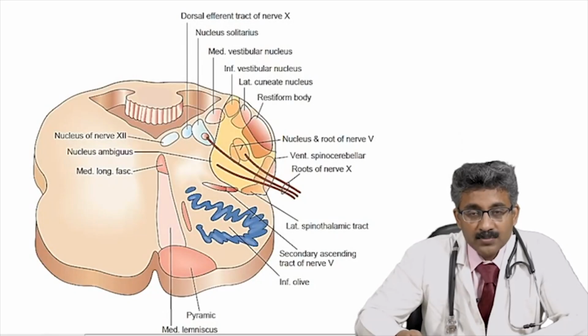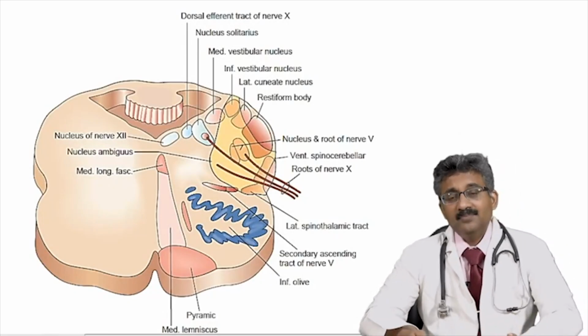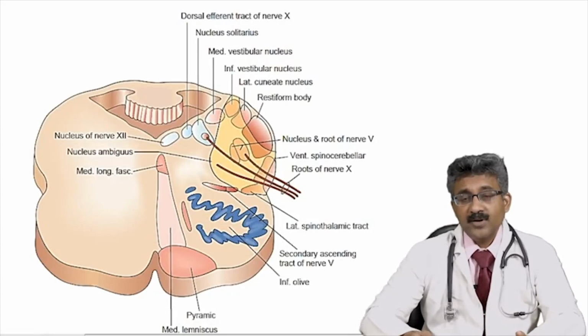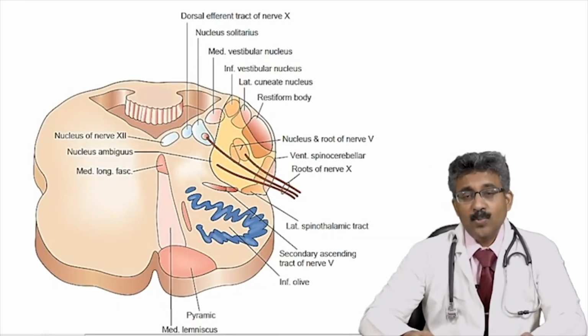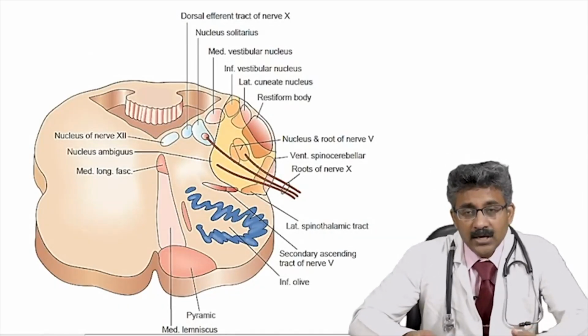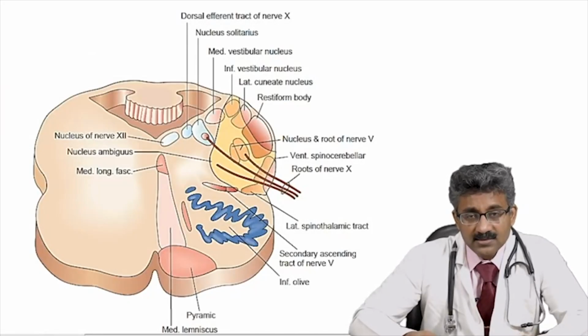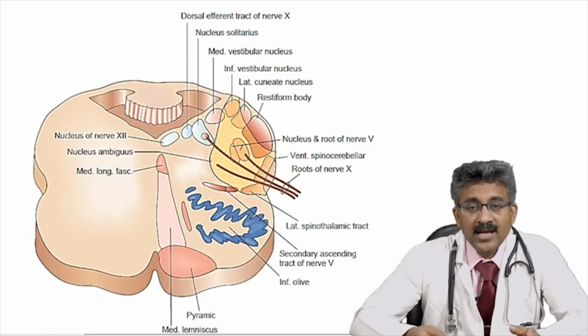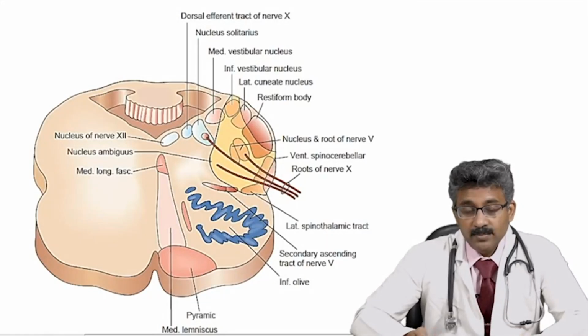These are medullary syndromes. In the brainstem, it is always a crossed syndrome, because the corticospinal tract decussates in the lower part of the medulla, whether it is Millard-Gubler, Raymond's, or Weber's. It is all crossed. Ipsilateral cranial nerve will be affected, contralateral there will be a hemiplegia. Right. So these are the medullary syndromes.